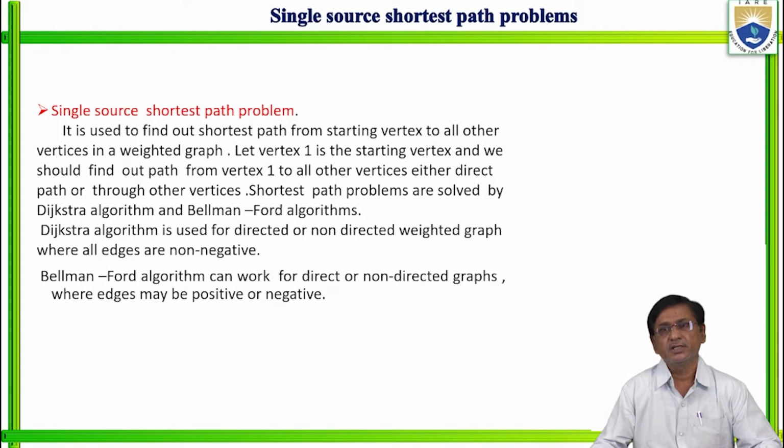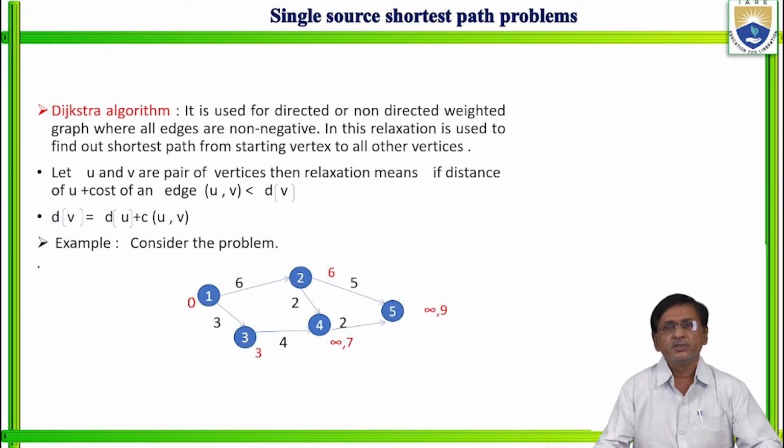Whereas Bellman-Ford algorithm is also used for directed or non-directed graphs, but it can be used for positive as well as negative edges. So Dijkstra algorithm is used for directed or non-directed graphs where all the edges are non-negative.